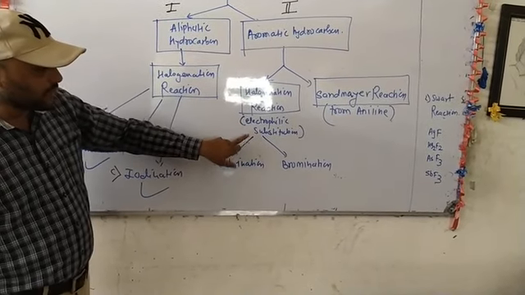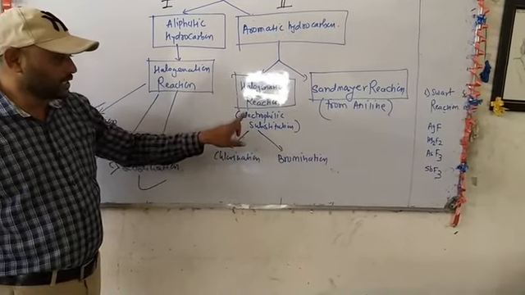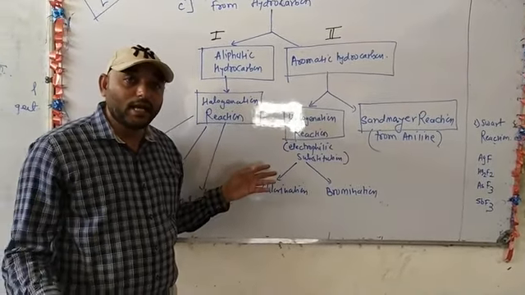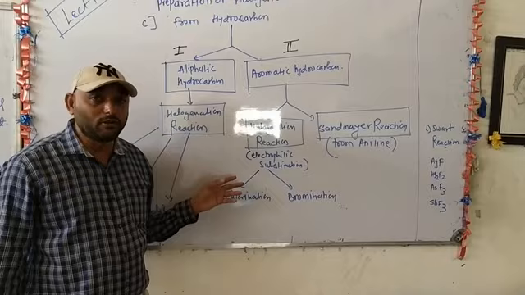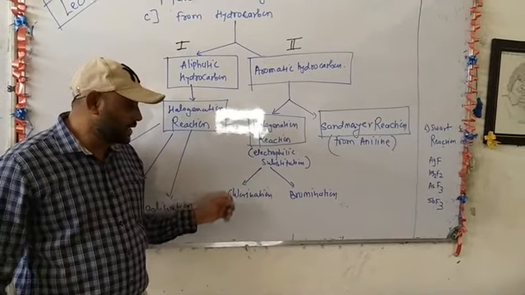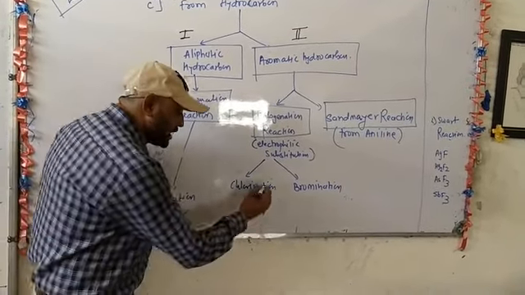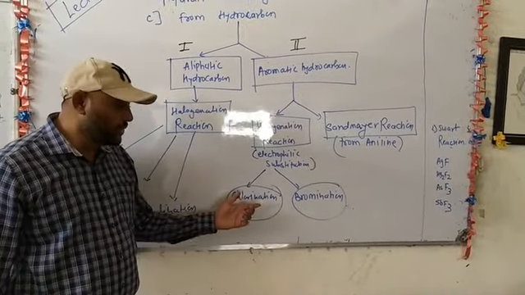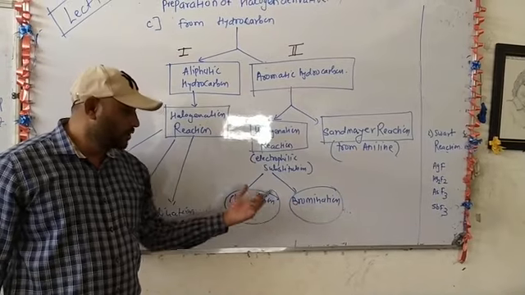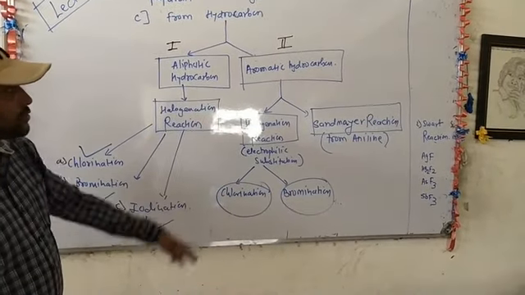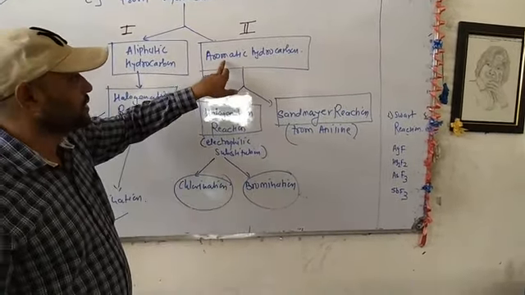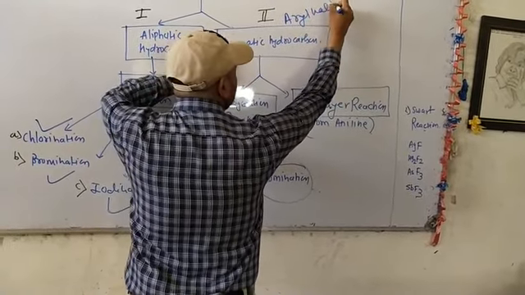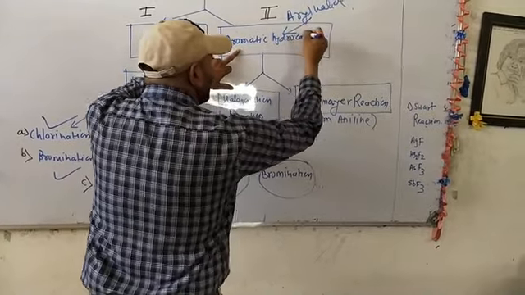That is an electrophilic substitution type of reaction, in which benzene and its derivatives undergo halogenation, such as chlorination and bromination, giving chlorobenzene and bromobenzene. So let us start the preparation of aryl halide from aromatic hydrocarbon.